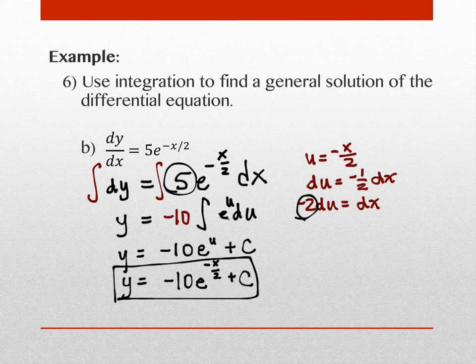Even better news. Multiply it by 1 over, what was that? We did. The du was negative 1/2. And so I multiplied the 5 here by this negative 2. I think the antiderivative is... you have to do the opposite, because whenever you take the derivative of it, you multiply it by the derivative of it.